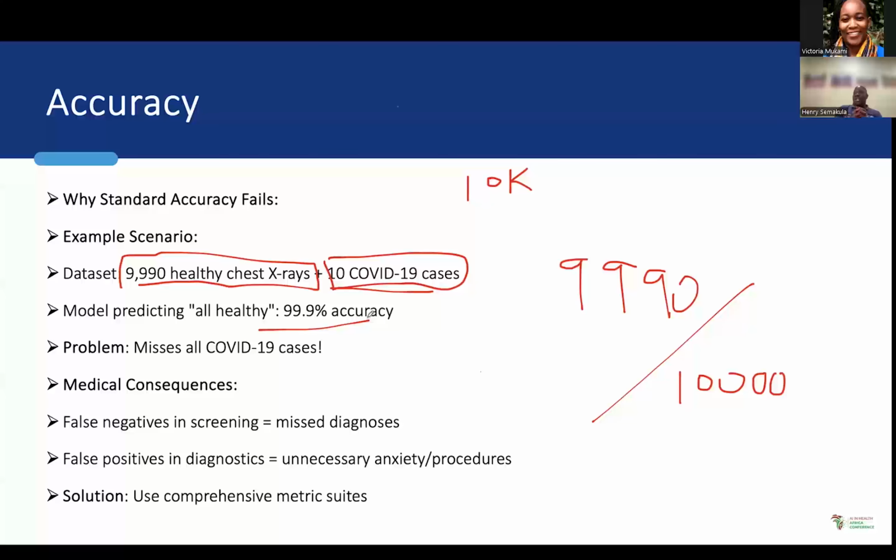Every time you use this model, it will say no COVID, no COVID, no COVID, because it has an accuracy of 99.9. Yet in actual sense, there are 10 cases of people with COVID. So it's not good to depend on the accuracy of the model alone to deploy your model to production.